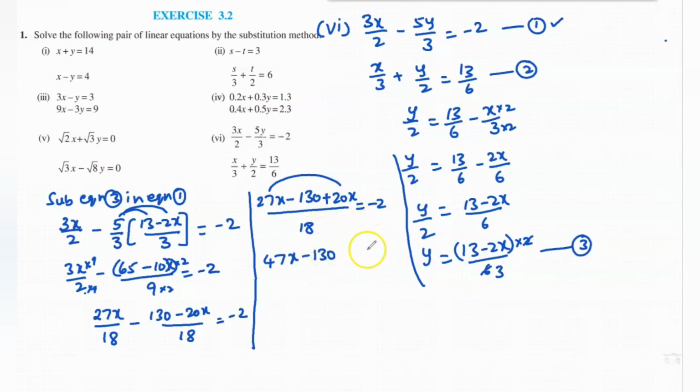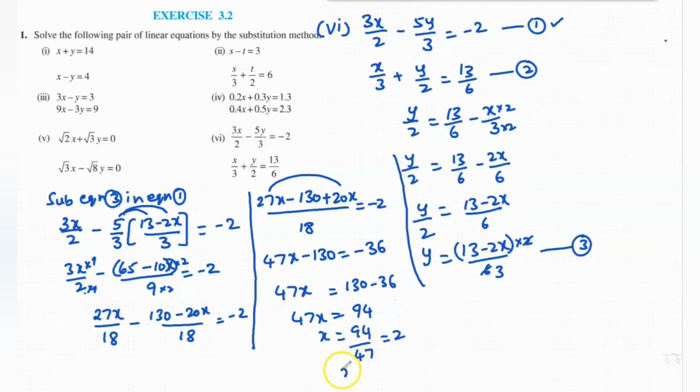Sending 18 to the other side, it becomes minus 2 into 18, which is minus 36. Okay, 47x is equal to minus 36, send 130 that side, plus 130 minus 36 as it is. Next, 47x is equal to 130 minus 36, which is 94. x is equal to 94 by 47, which is equal to 2. So we got x is equal to 2.